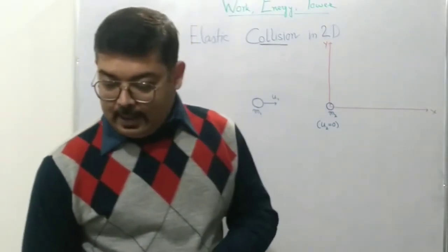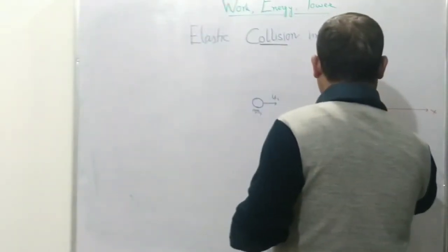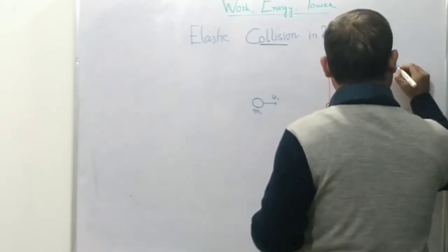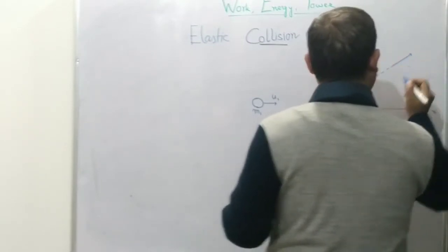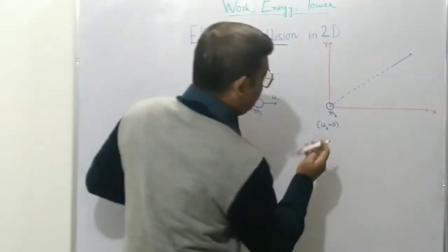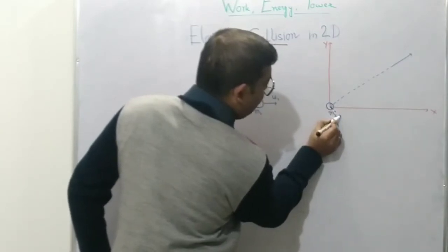That is to say, let's say the first mass moves like this, and let's say the second mass moves at some other angle. Let's say it moves like this.